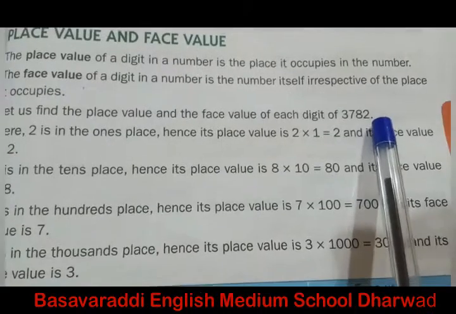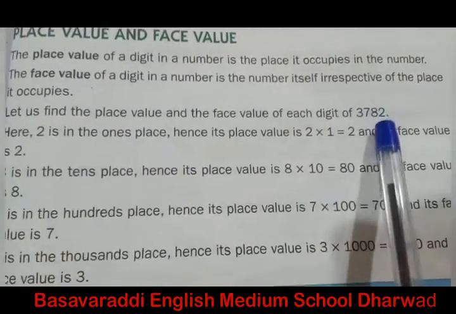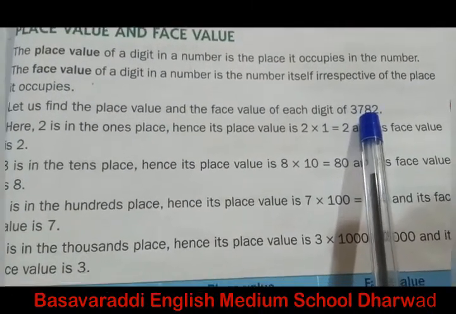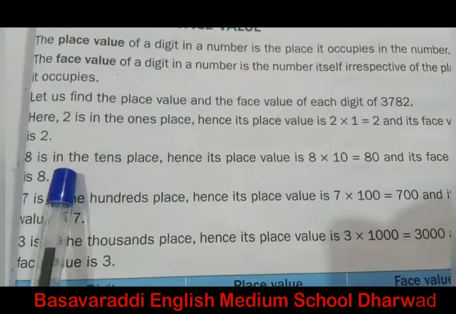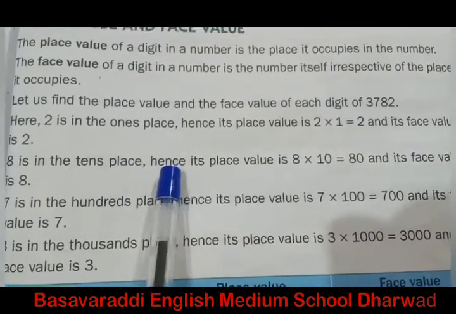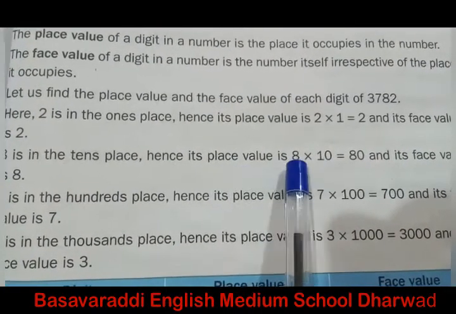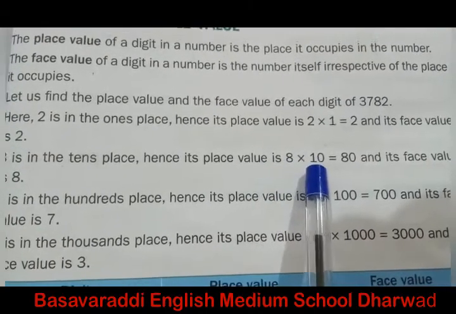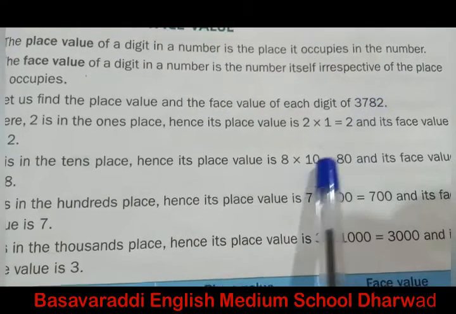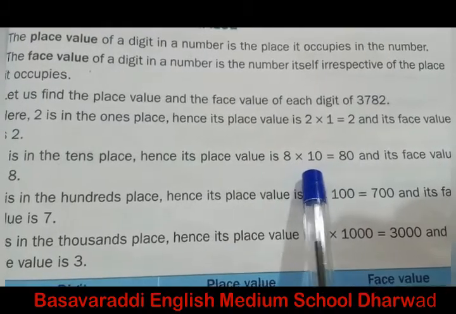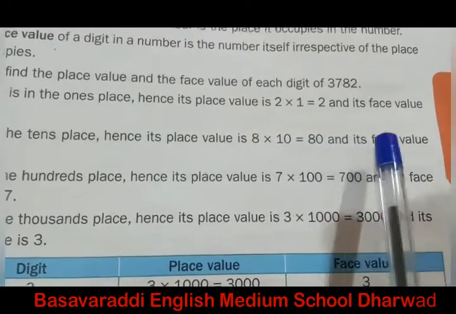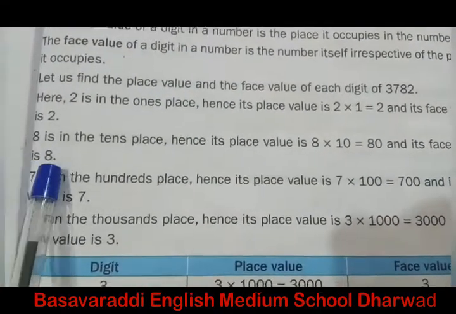Now we are taking 8, that is in the tens place, hence its place value is 8 into 10. Why? The tens place is here, so we are multiplying by 10, that is 80, and its face value is 8 only.